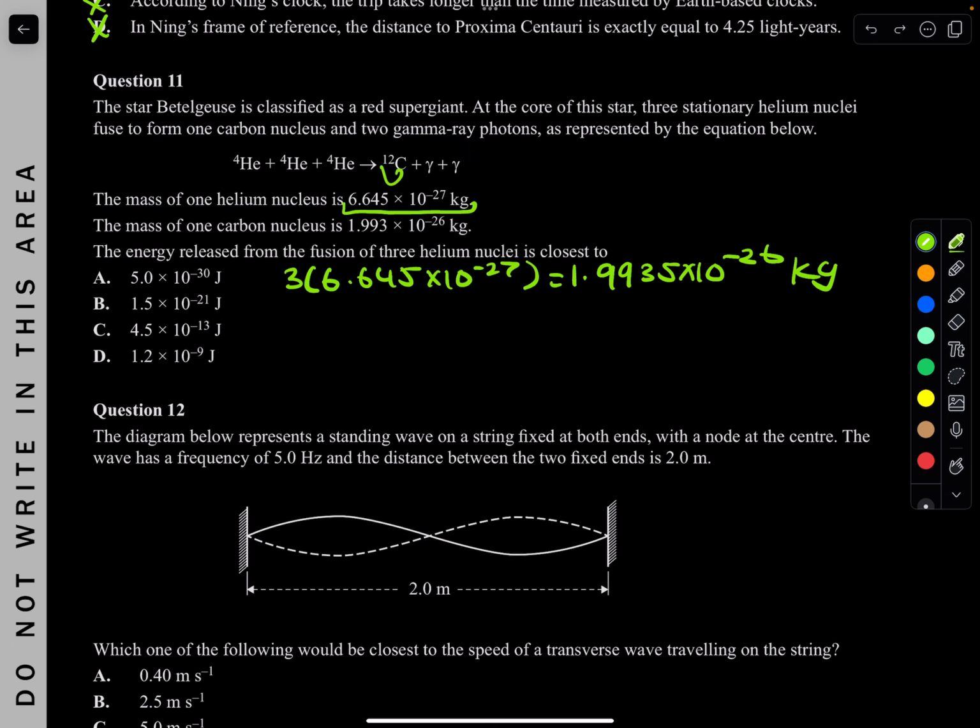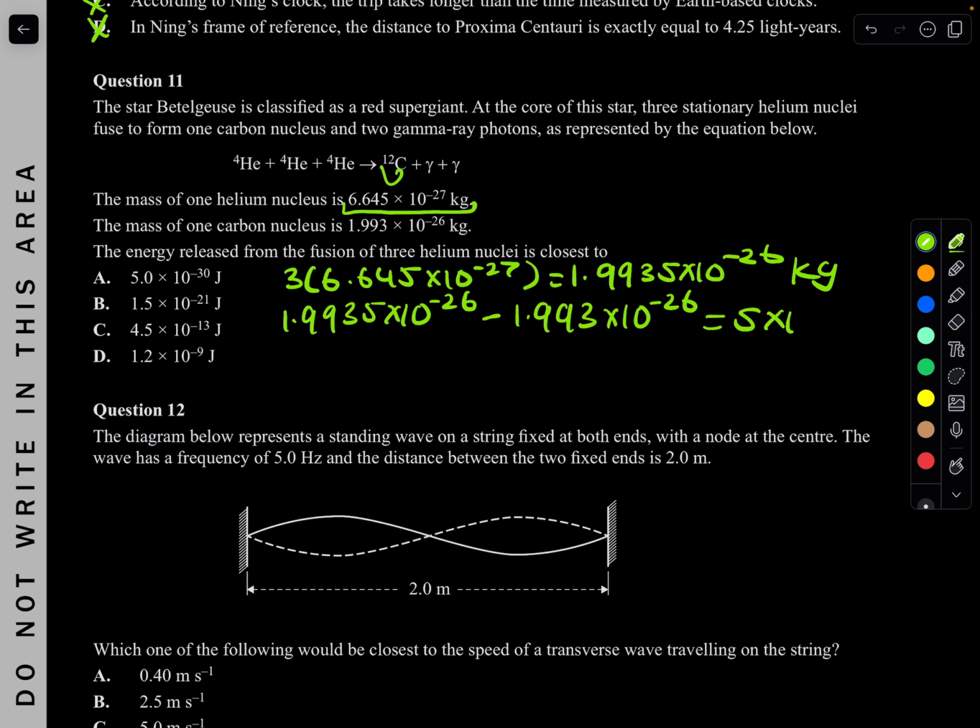So we have this 1.9935 times 10 to the power of negative 26, and we subtract the 1.993 times 10 to the power of negative 26, which is the carbon, and we should be getting 1.9993 times 10 to the negative 26. That's going to give me 5 times 10 to the power of negative 33 kilograms.